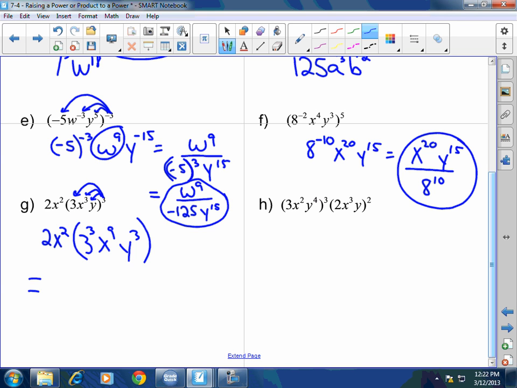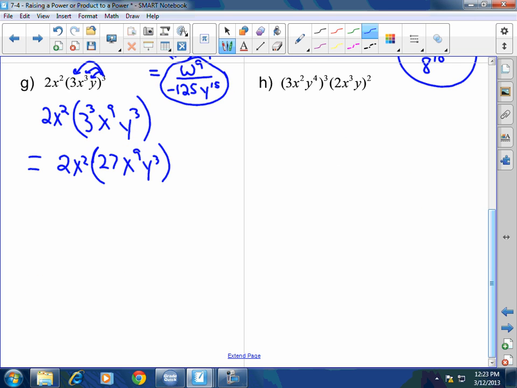Now you simplify. 2x squared times 27, x to the ninth, y cubed. Right? Now, what's 2 times 27? 54. And then x squared times x to the ninth, x to the 11th, and then I got y cubed.